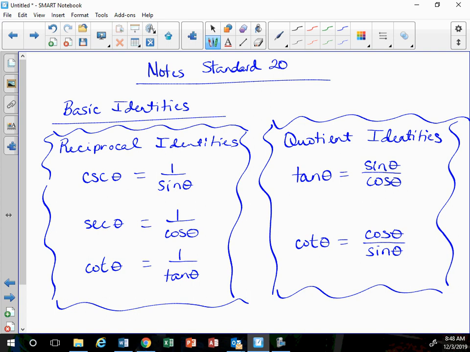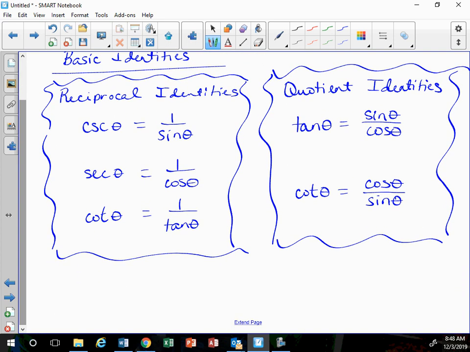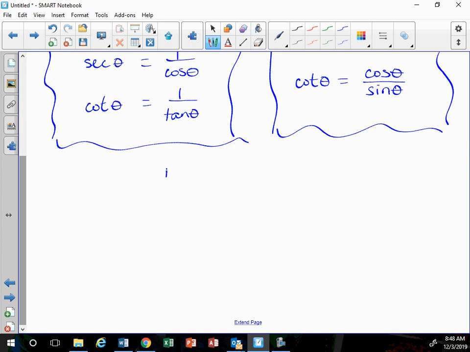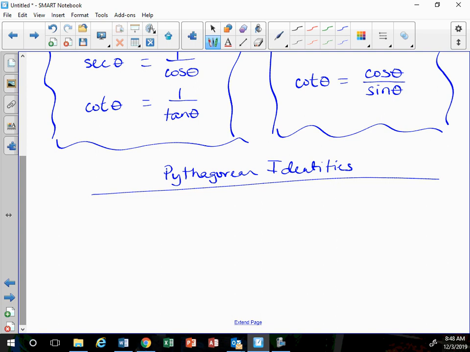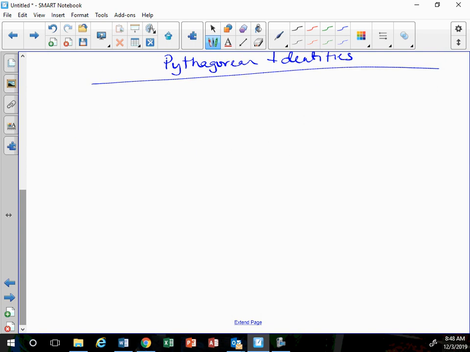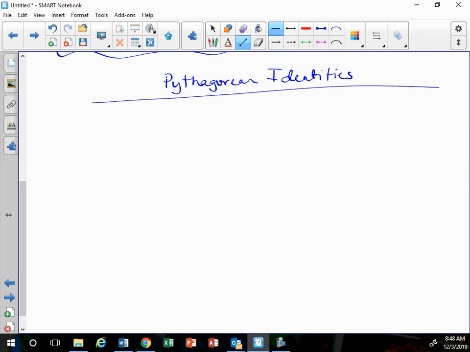So these, am I right? These are all very familiar to you? Yes, okay. So the next group is called the Pythagorean identities, and these will be new for you. Okay, so let's make a little picture here so we can understand where they come from.